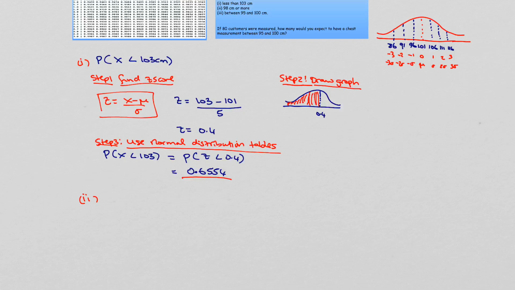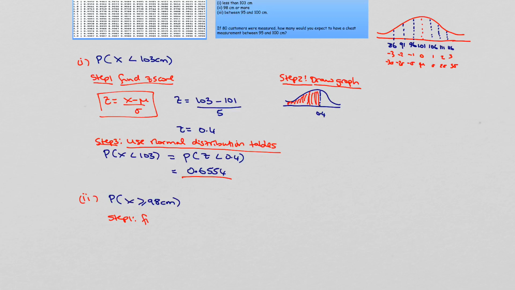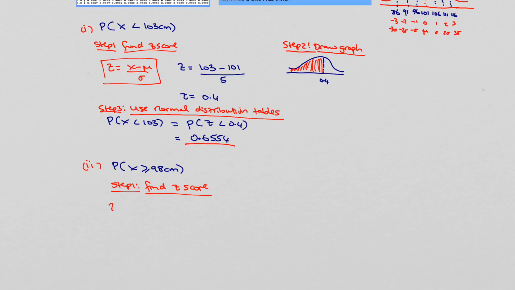For the next part we're looking for 98 centimetres or more. So we're looking for the probability that x is greater than or equal to 98 centimetres. Again, we don't have 98 on our normal distribution tables, so first we work out our z-score. Step 1, find the z-score: z equals x minus the mean over the standard deviation, so 98 minus 101 over 5.